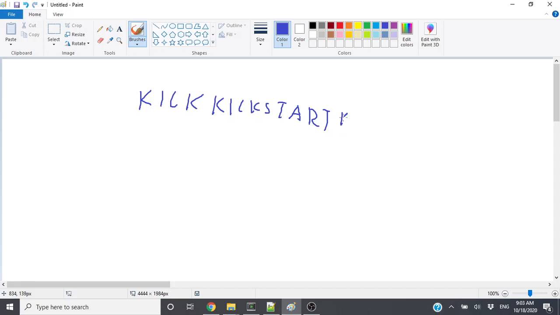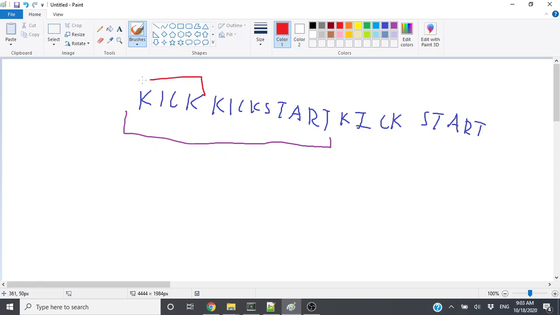Kick and start. Basically, you want to find the number of substrings, that is, contiguous subgroups of the string, that both start in kick and end in start, regardless of what's in the middle. You can even have nothing in the middle. For example, this is a valid string. And you want to just find the number of those substrings.